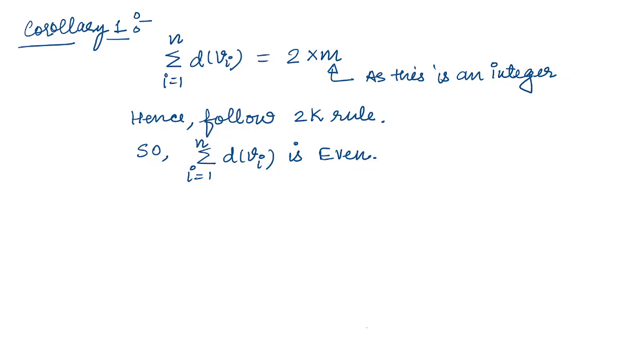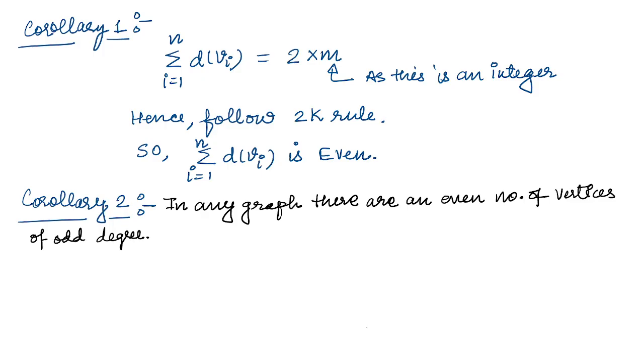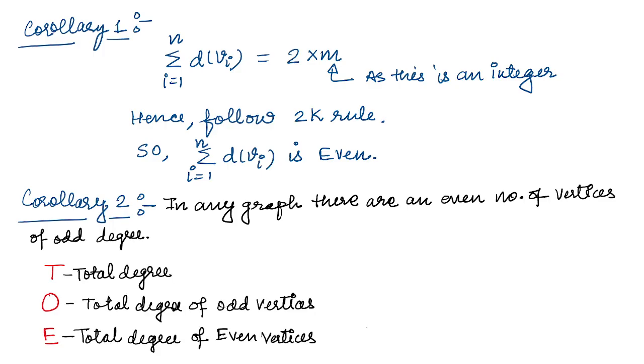Now the corollary second: in any graph there are an even number of vertices having odd degrees. So let's say I am having a graph and I am having these three things, T, O and E. What is T? T stands for total degree, O stands for total degree of odd vertices, vertices with odd degree, and E is the total degree of the even vertices.